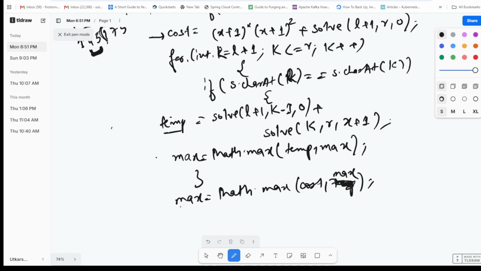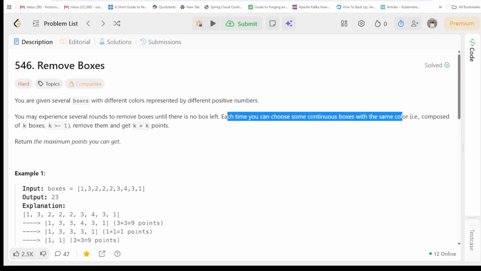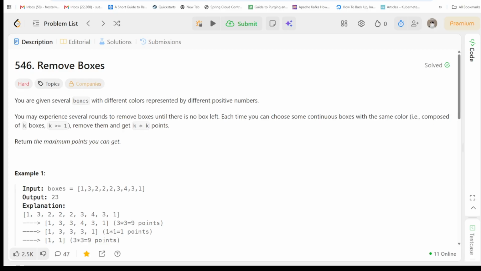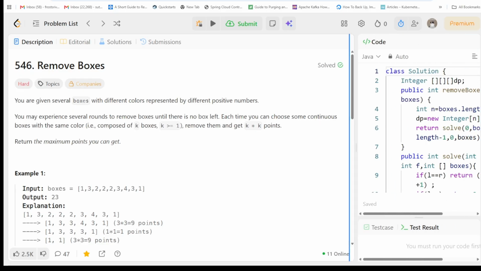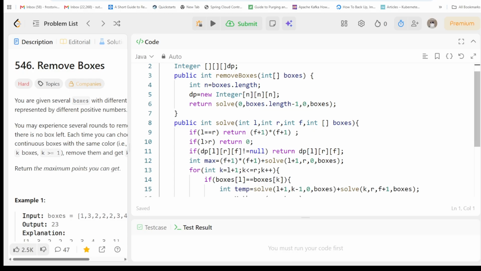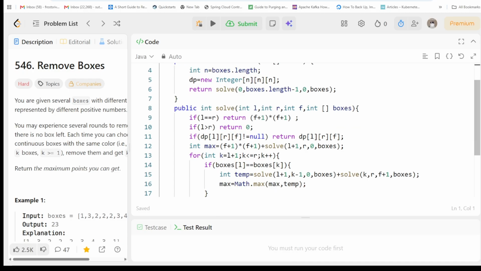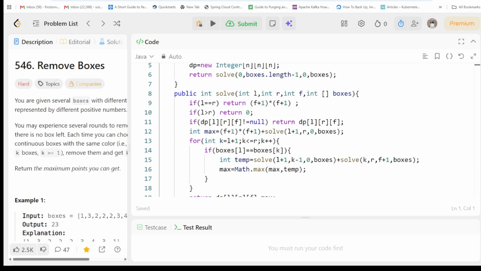So if we go to the coding part of this, as we can see here, when there is only one box, when L equals R, then we are simply returning f plus 1 into f plus 1, where f is the carry that we are doing.